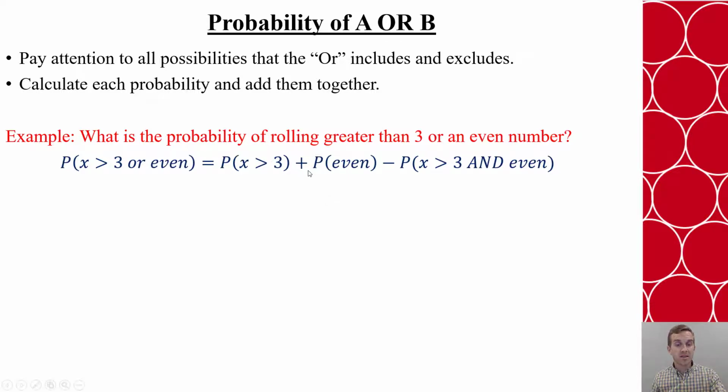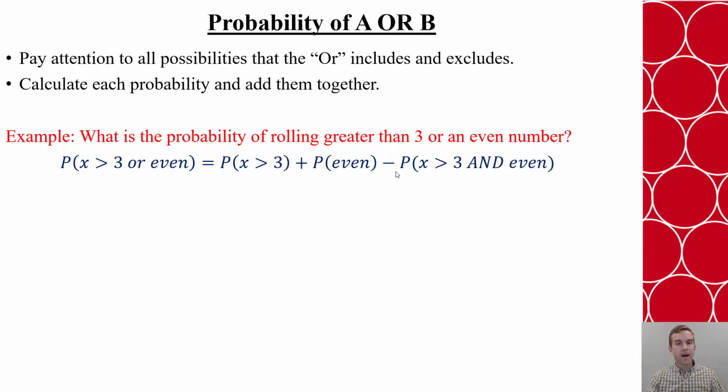So we put a plus here. But what we have to do is remove any situation where it's the probability of greater than 3 and being even, because those two situations are not mutually exclusive. It is possible to have on a die a number greater than 3 that is also even.